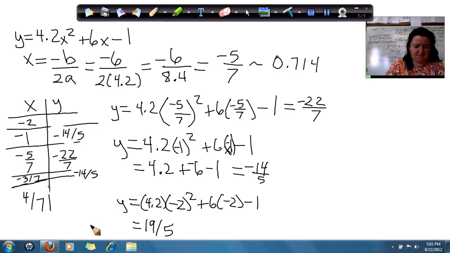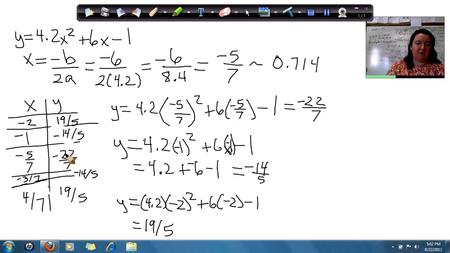How is it 19? That seems unlikely. But if you look at this, this is small, and that's getting a little bit bigger and a little bit bigger. I think those numbers are reasonable.